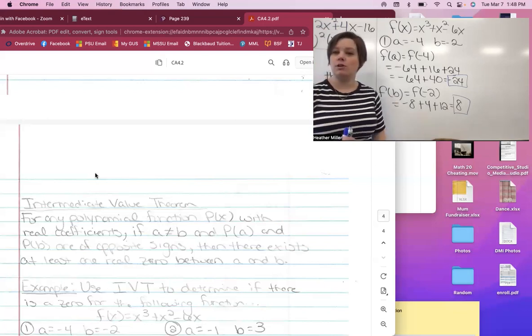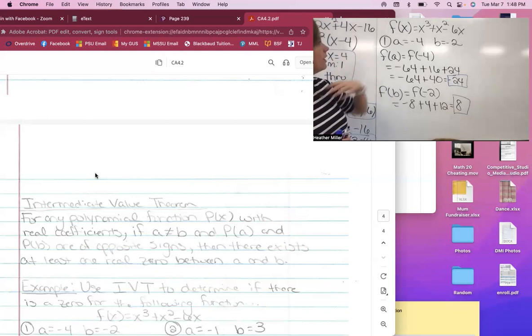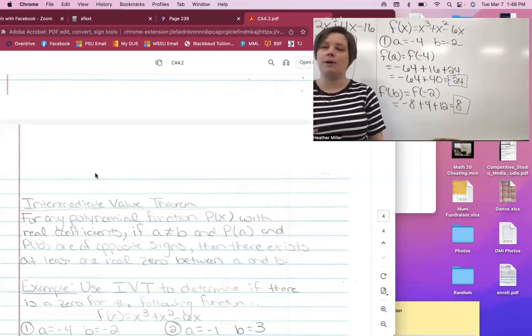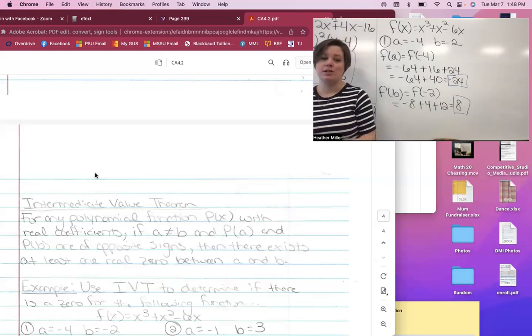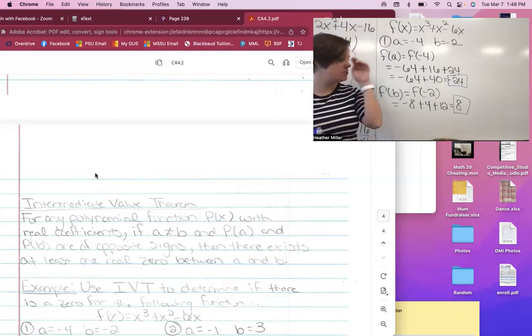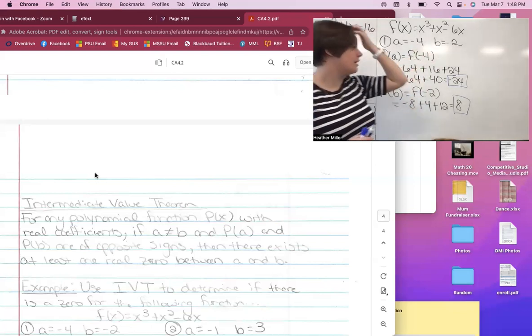There could be 2 zeros, there could be 3 zeros, well, at most 3 because it's a third power. But it doesn't tell me how many, it just tells me that there is one. So I do know that there's at least one that lies between -4 and -2.